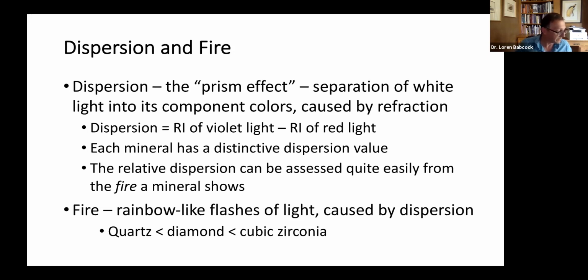It's actually one of the things that makes diamond, for example, such an attractive sort of mineral, the stuff we refer to as fire. And let me just show you an example of dispersion or fire exhibited in a diamond, and then I'm going to show you another mineral or two.